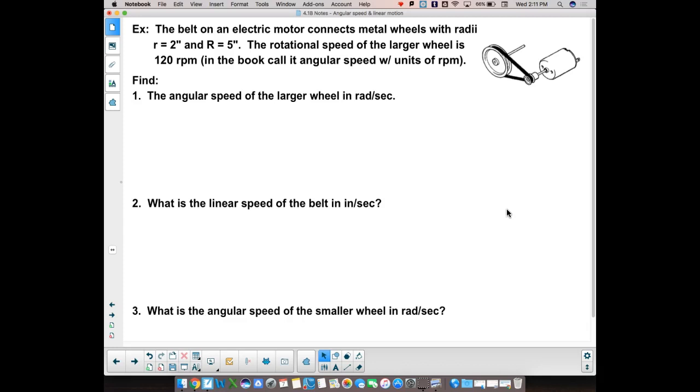This belt is not going to speed up around this pulley without having to speed up around the other one. I can't go faster on this side and slower on this side. The belt has to move because it's one belt. It has to move at a continuous, constant rate. The other 2 vary.